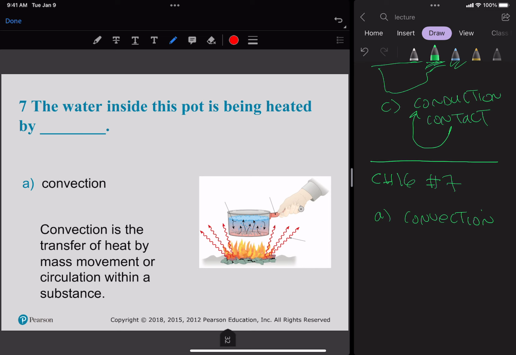This has to do with, I guess you can call it boiling, but it's not really boiling. This is how heat is transferred through fluids. For example, magma, that's how heat is transferred throughout magma, but also in ocean currents and air currents.